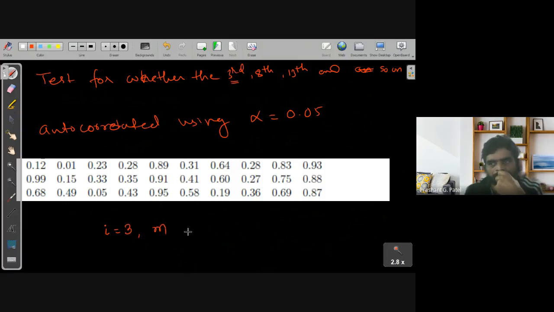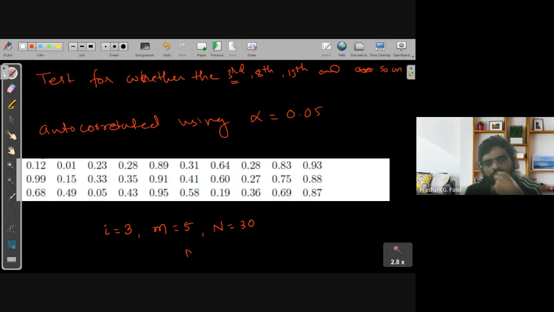Small m, that is the lag, how much gap is between these two: 3, 8, the next term is 13, so the gap is 5, so the lag is 5. Capital N is the total number of entries or total number of data given, which is 30.